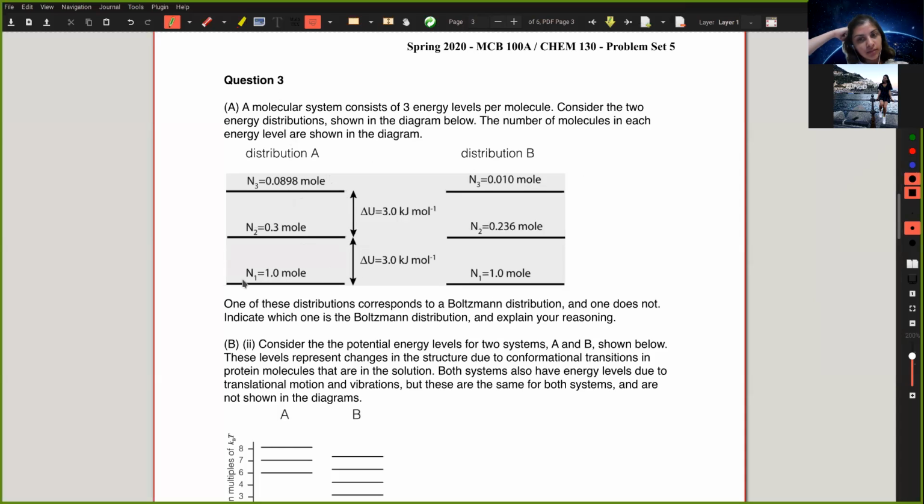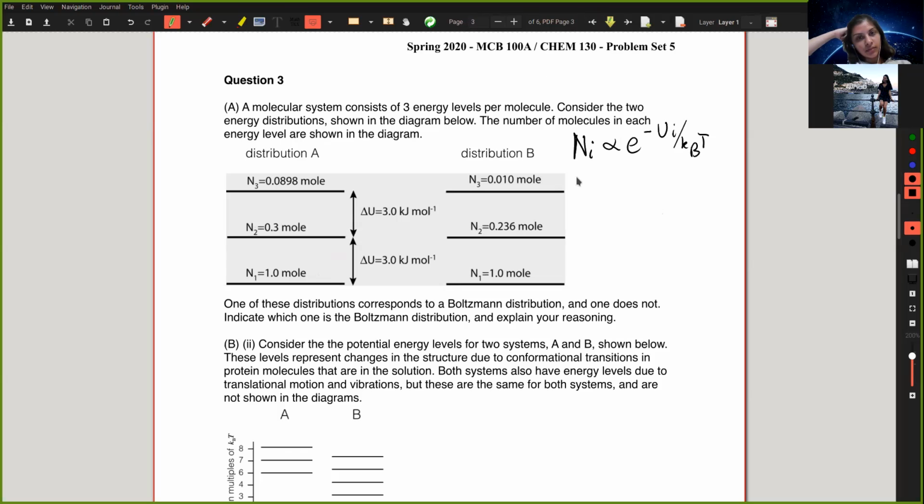Since we're given the number of molecules in each level, we might want to start with what a Boltzmann distribution says about the number of molecules you can expect to find at each energy level. Recall that for a Boltzmann distribution, the number of molecules at each energy level is proportional to e to the negative u_i over k_B T, where u_i is the energy of the energy level.